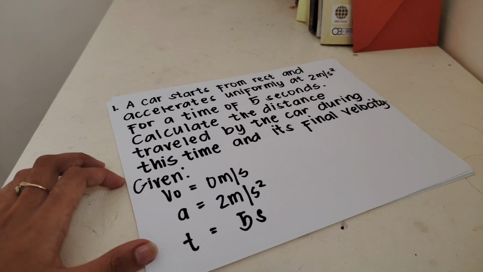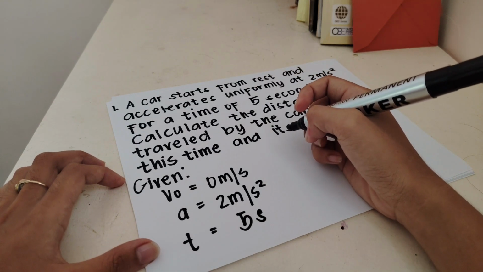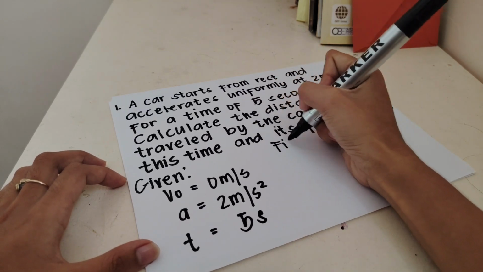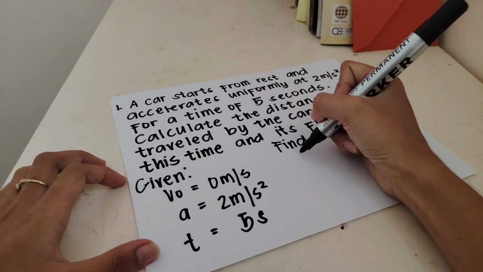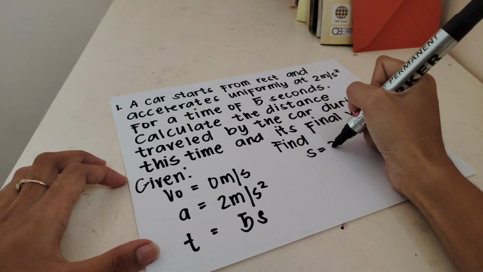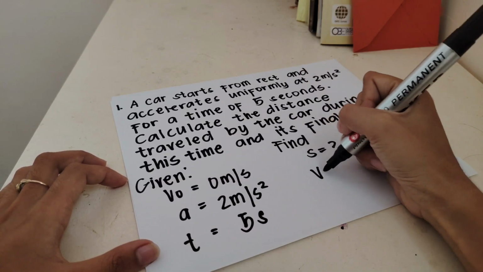So, we have the distance traveled S, and then the final velocity.